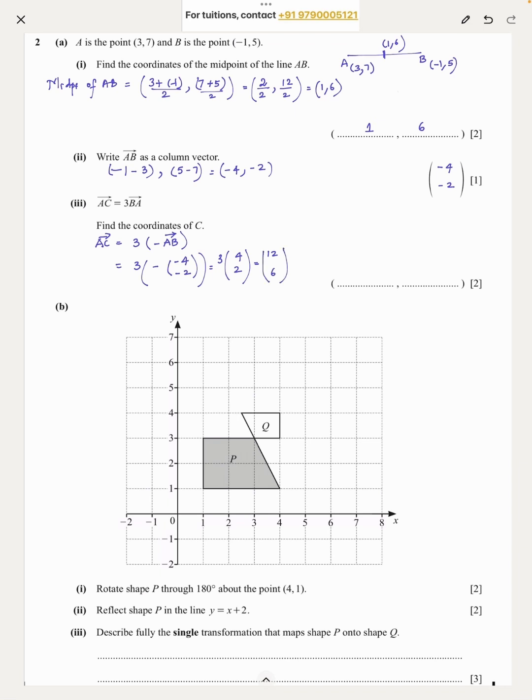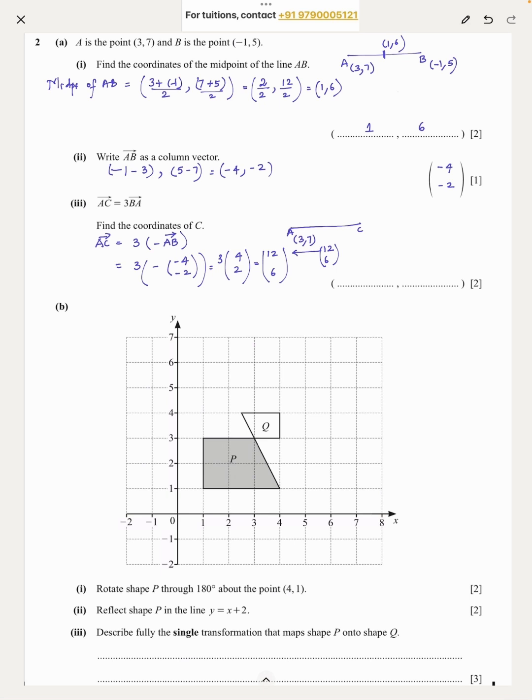So this is just AC, but we are supposed to get the coordinates of C, which means we know A, and we know this distance AC, which is written in the vector form.